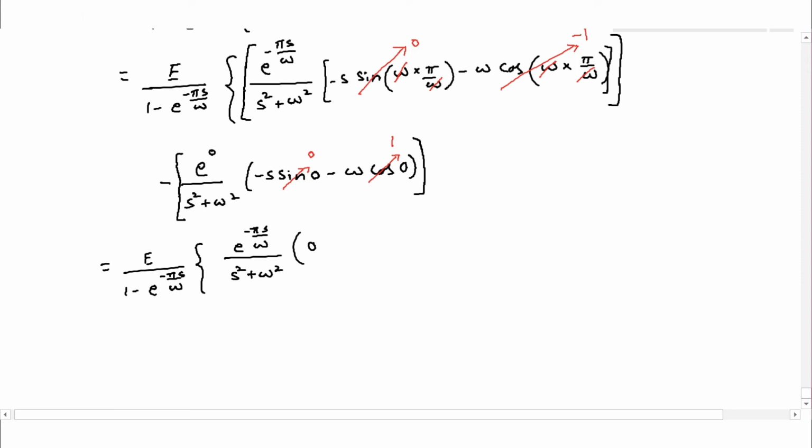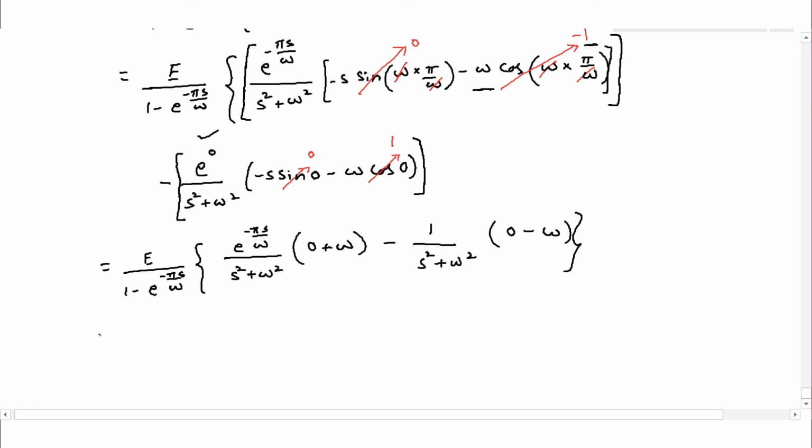So this minus 1 multiplied by minus omega will become plus omega. Right. Then coming to the next term, minus e power of 0 is 1, divided by s square plus omega square. Here the first term will be 0, minus cos 0 is 1, and 1 into omega will be omega.